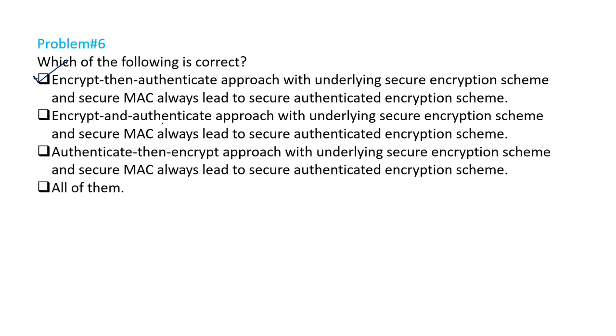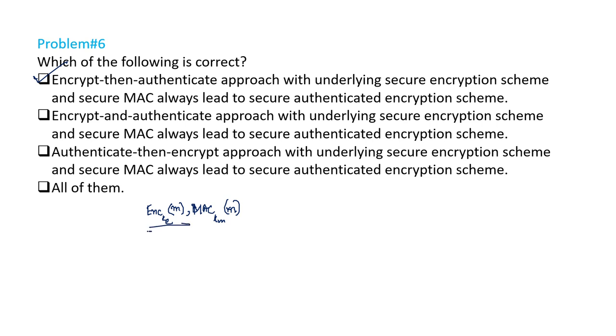However, in encrypt and authenticate, you use the encryption key to encrypt the message M, and you use the MAC key to compute the tag on the message M only.